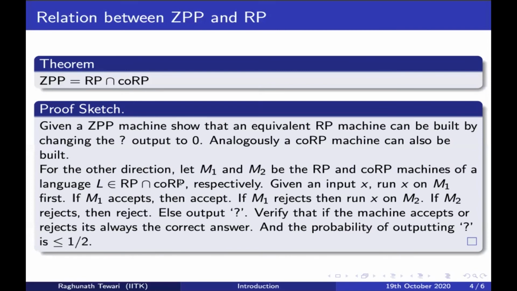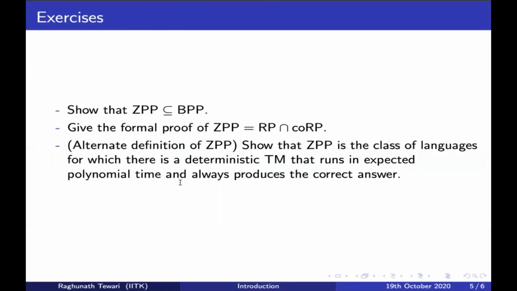I'll just leave this sketch, and leave the complete proof to you as an exercise. In fact, I have the following exercises. Firstly, show that ZPP is contained in BPP.